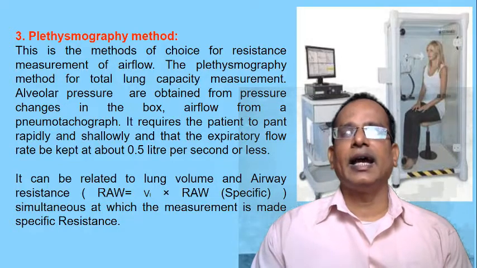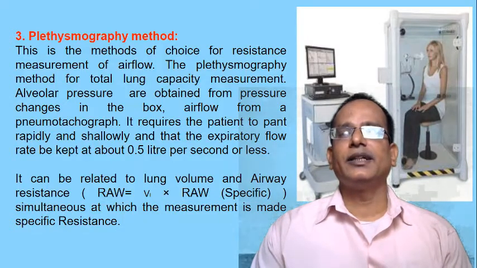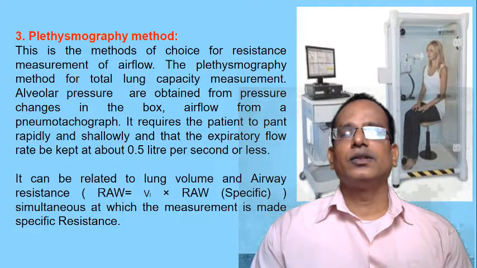Here the alveolar pressures are obtained from pressure changes in the box. So they obtain the alveolar pressure from pressure changes in the box, and from the airflow in plethysmography they can easily calculate the airway resistance.